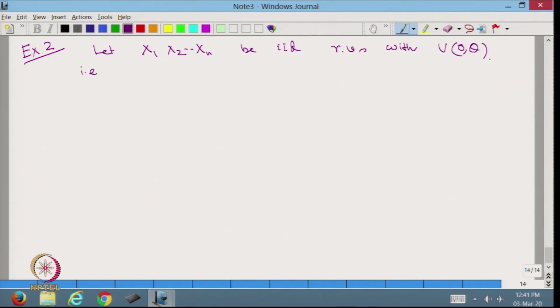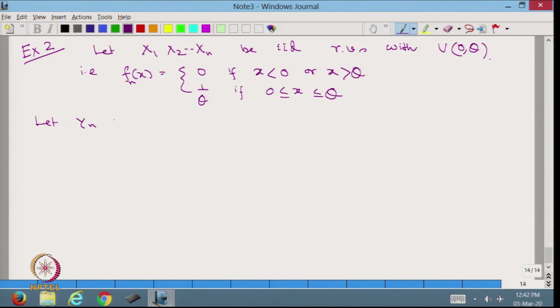That is, f(x) is equal to 0 if x less than 0 or x greater than theta, and is equal to 1 by theta if 0 less than or equal to x less than or equal to theta.